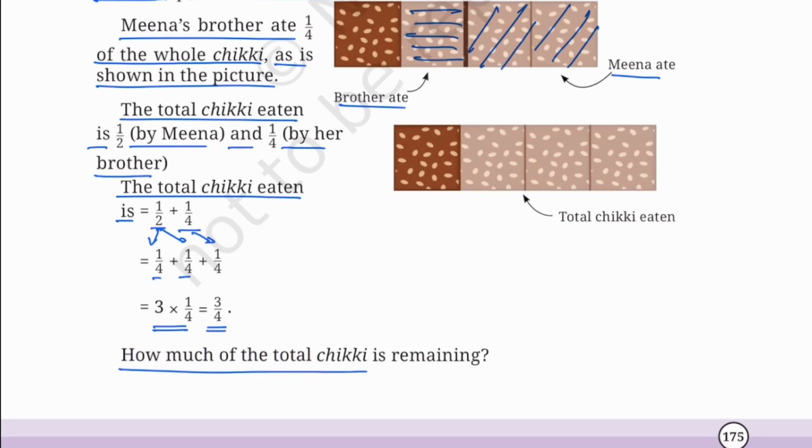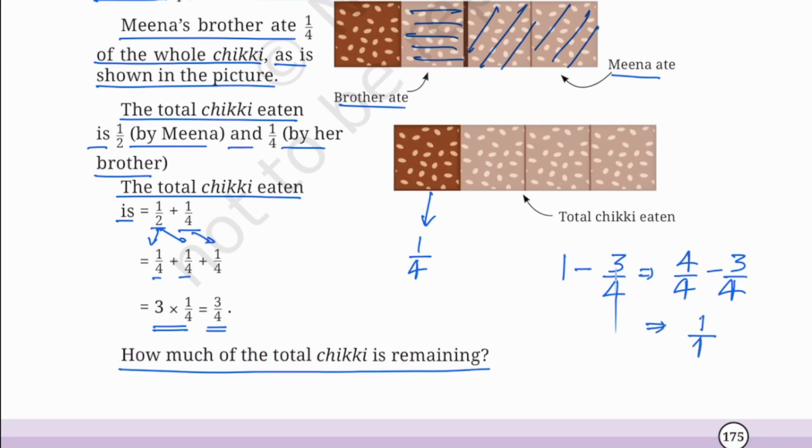How much of the total chikki is remaining? You can see 1 upon 4. You can find it like this by subtracting 3/4 from 1. 1 can be written as 4 upon 4. So the remaining portion of chikki is 1 upon 4.